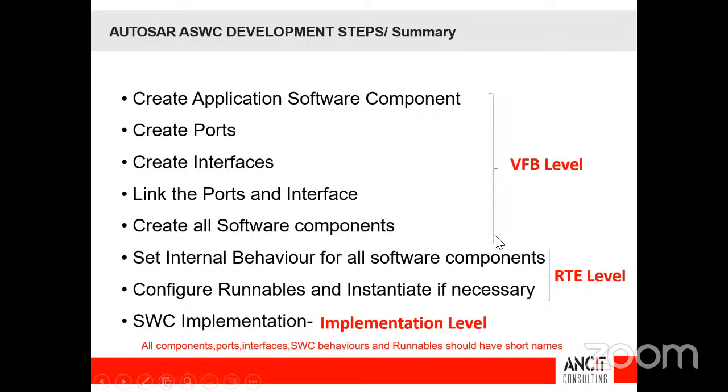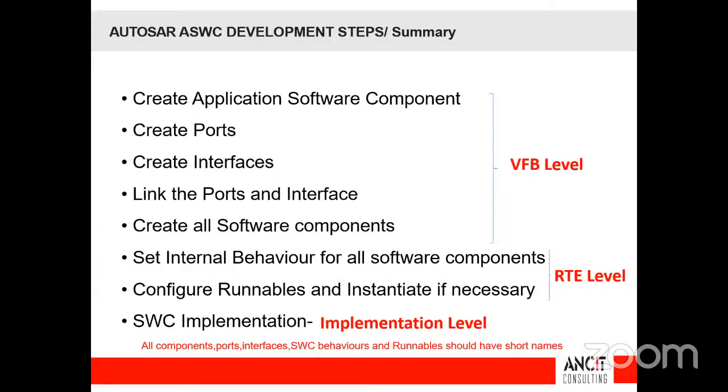We'll talk more about the internal behavior of software components in a little more detail. But at this point, I would like to emphasize one very important thing. We create port interfaces to establish communication between two software components. It could be a client-server port interface as well, which is again used to communicate between two software components.